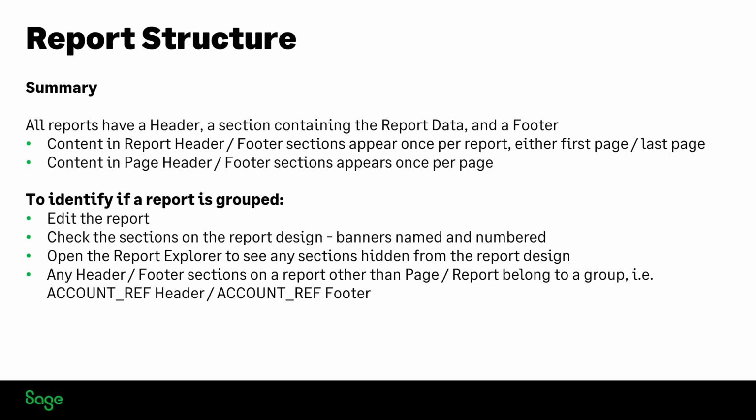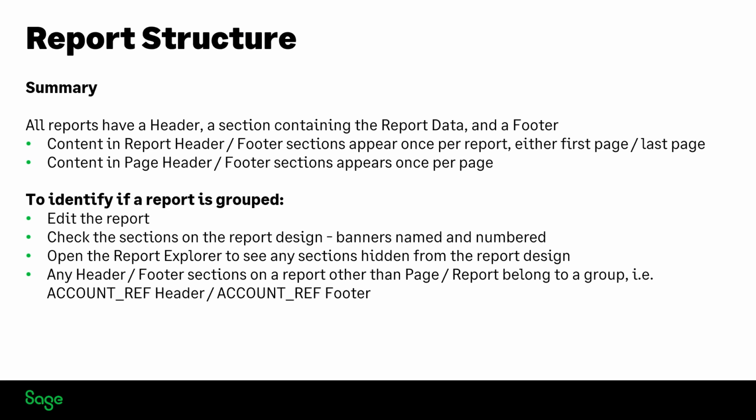So just to quickly summarize what we've looked at so far. As a bare minimum, each report will have a beginning, a middle, and an end. For example, a header section, the main report data, and then the footer section. To identify if a report is grouped, edit the report, open it in Report Designer. Remember, you can edit it either from the main reports list, or if you've previewed it, you've got edit at the top. Check the report sections showing on the report design.